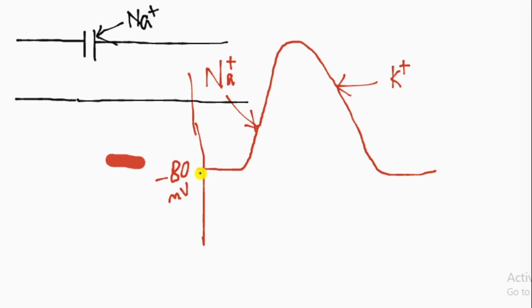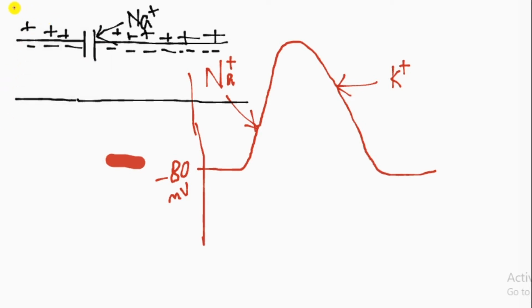At resting potential, the channel is closed. Normally, outside the membrane we have positive charge, and inside negative because of the high amount of proteins inside.